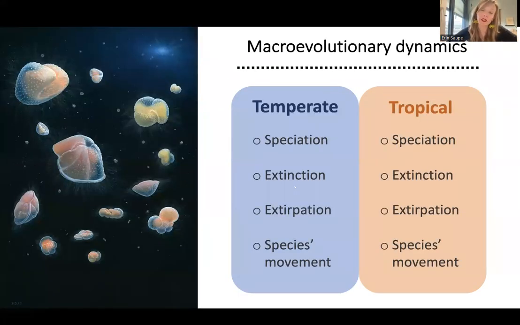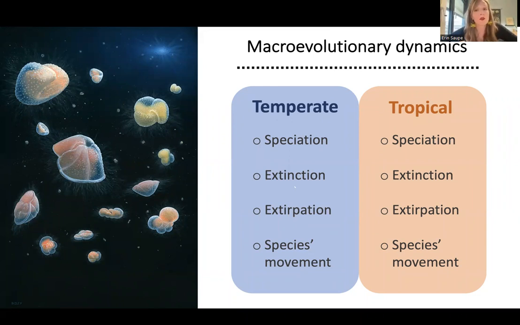And so given this, we would expect higher extirpation or extinction at high latitudes, and we could potentially expect more speciation at low latitudes associated with that increased vertical temperature structure that I mentioned, as those colder bottom waters were being brought down to the tropics.